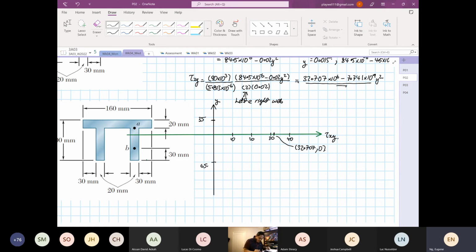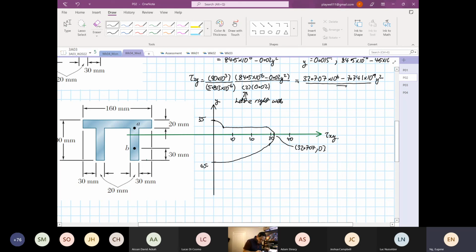How this graph will look is this: it will come to here, it will stop, and then it will be a straight line up to here. Then it will do a curve like this, and then it will come down. This is how the shear stress distribution looks.